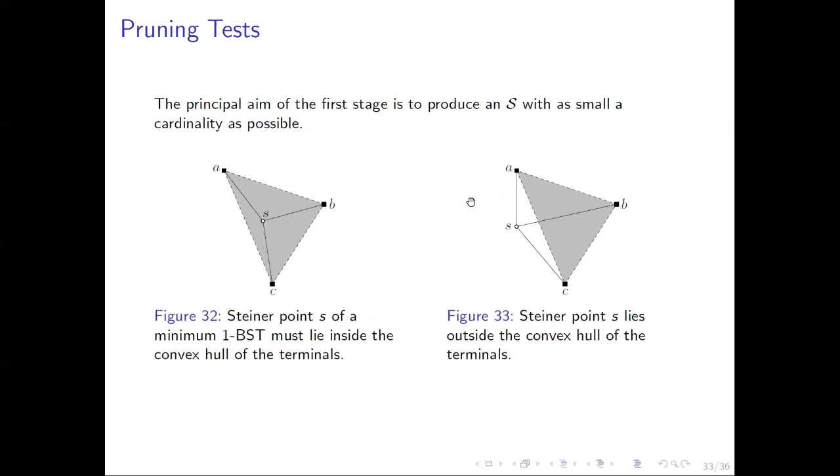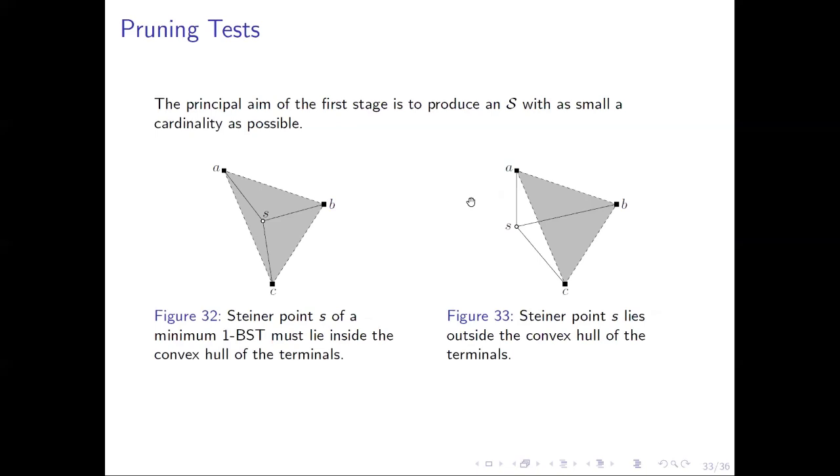Okay, so again, we have these pruning tests. I'll just go through an example of a pruning test. Every Steiner point must lie in the convex hull of its terminals. So I have a simple example of a minimum 1 BST. This is the Steiner tree with one Steiner point that's minimizing the length of the longest edge, and its location is here.